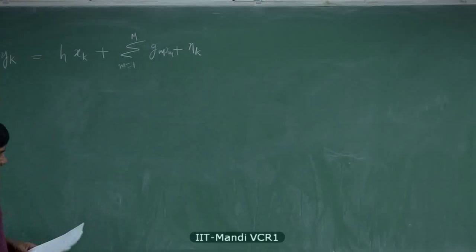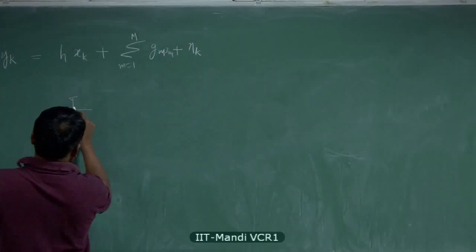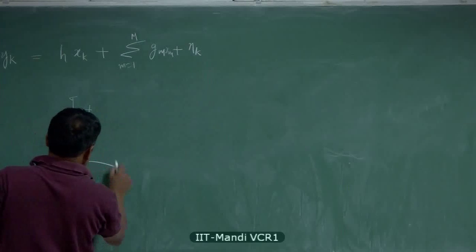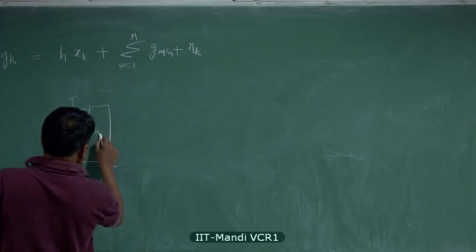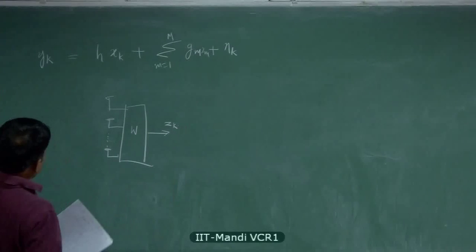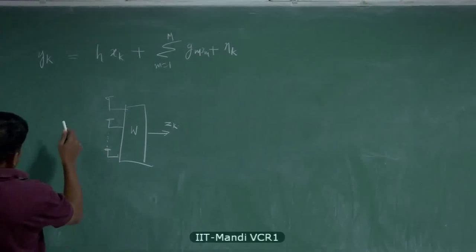So what is this model? Well, we talked about a receiver with NR receive antennas, right? First, what is YK?